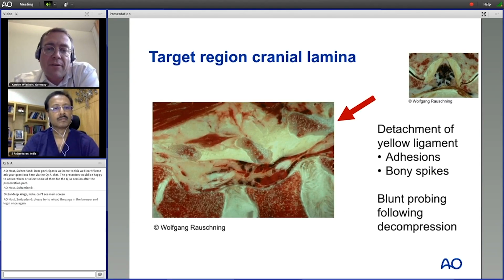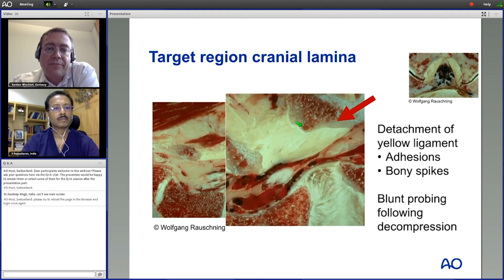Now, these are some of the images from Wolfgang Rauschning, and you see the cross section here, and you have basically a lateral aspect of the yellow ligament, which is quite thick, obviously, in spinal stenosis cases. And this here is the cranial lamina, and this here is the area you really should look out for.